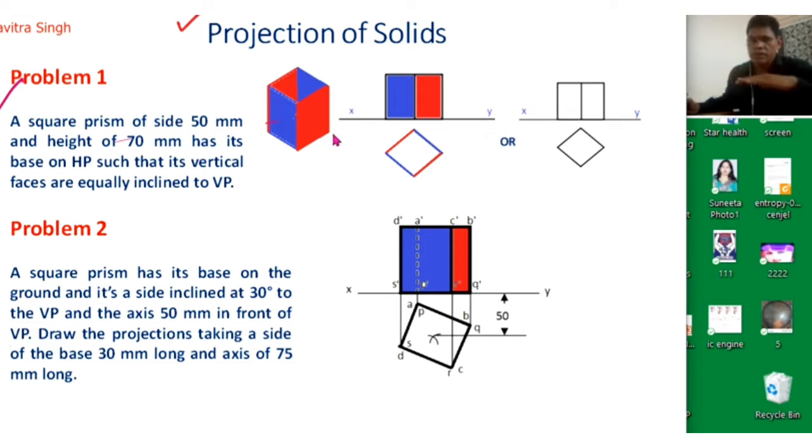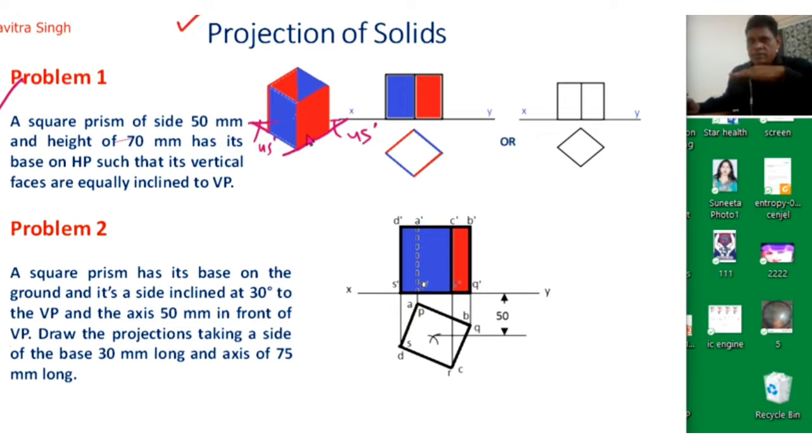So this surface is making an angle of 45 degrees, and similarly this surface is also making 45 degrees. So it is kept on the horizontal plane in such a way that one surface, in the red color, is making 45 degrees with the vertical plane, and this will be projected below the XY line. Similarly, this surface is also making a 45 degree angle with the vertical plane.